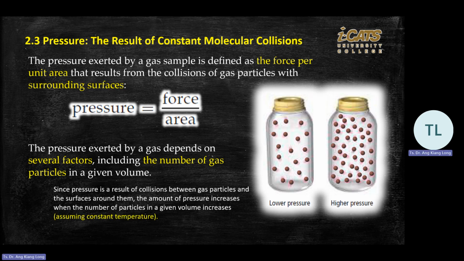So in the gases chapter 2, the pressure is actually from collisions between gas particles that generate pressure. The rest you read. Because of collisions, you generate forces and area. You take force divided by area, you get pressure.